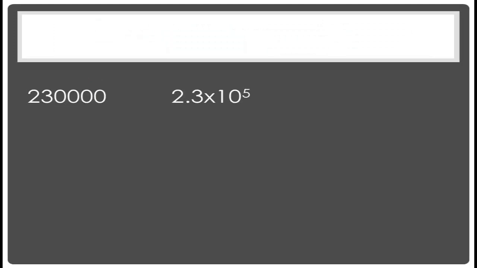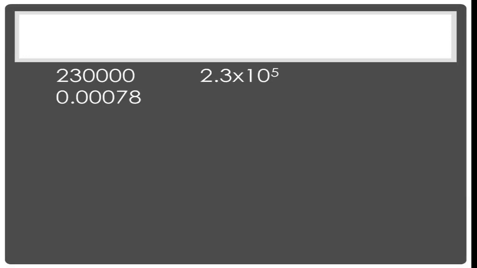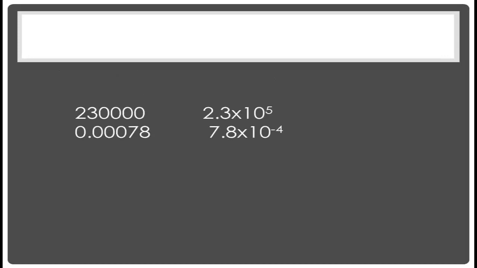Then take another example, 2,30,000. We can write it as 2.3 times 10 power 5. And 0.00078 we can write as 7.8 times 10 power minus 4, because we are moving left to right.